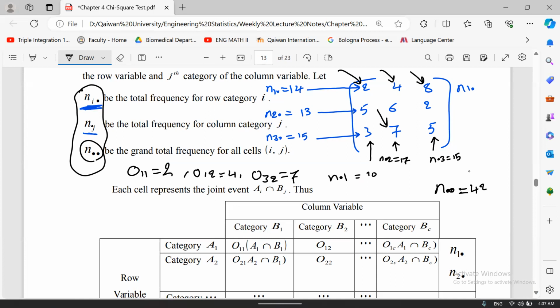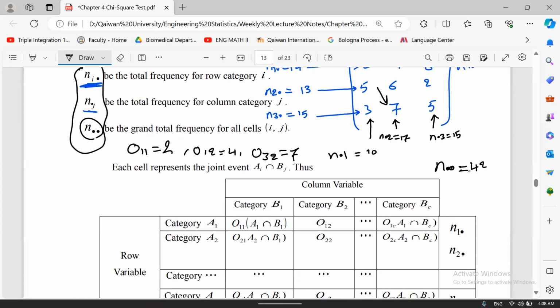For each of them, we find the expected frequency for the same index. For example, for O11, we need to have E11. What's E11? It is N1 dot times N dot 1 dividing by N double dot.